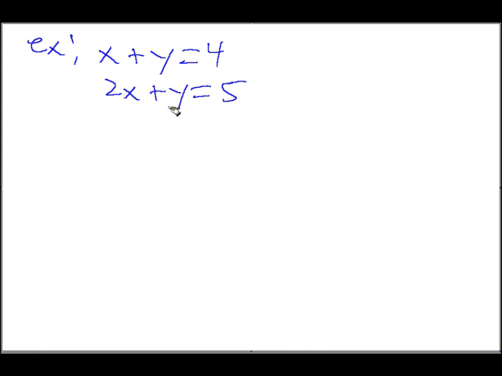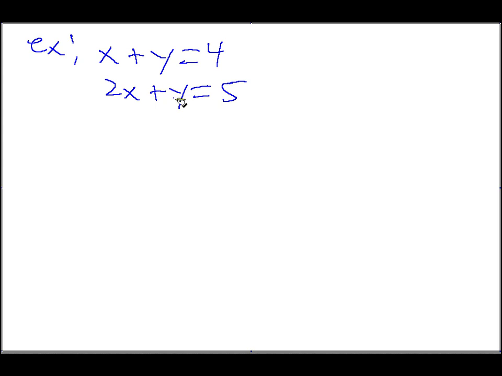Well, the way we do that is that we multiply both sides of the second equation in this case, or the first equation. You take your pick. I'll choose the second equation here. I want to get this second y down here to be a minus y. So we're going to multiply both sides by what? Well, what's the coefficient of y right here? Well, it's positive 1. How do I get positive 1 to be a negative 1? Well, multiply by negative 1. So we have to modify this equation in this case, right?